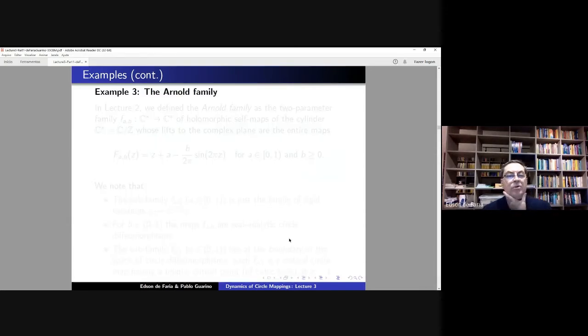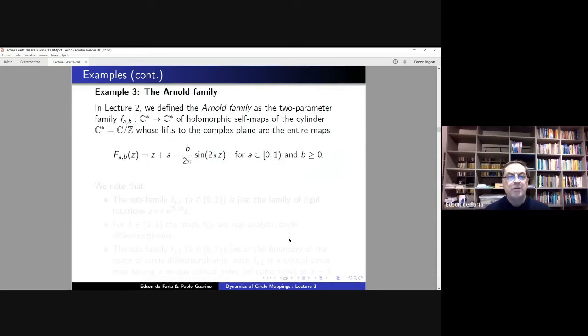So a third example is already familiar to us. In the second part of the second lecture, I discussed the Arnold family, right? The Arnold family arises from this family of entire maps that you see written down there: capital F sub a,b of z is z plus a minus b divided by 2 pi sine of 2 pi z, okay?